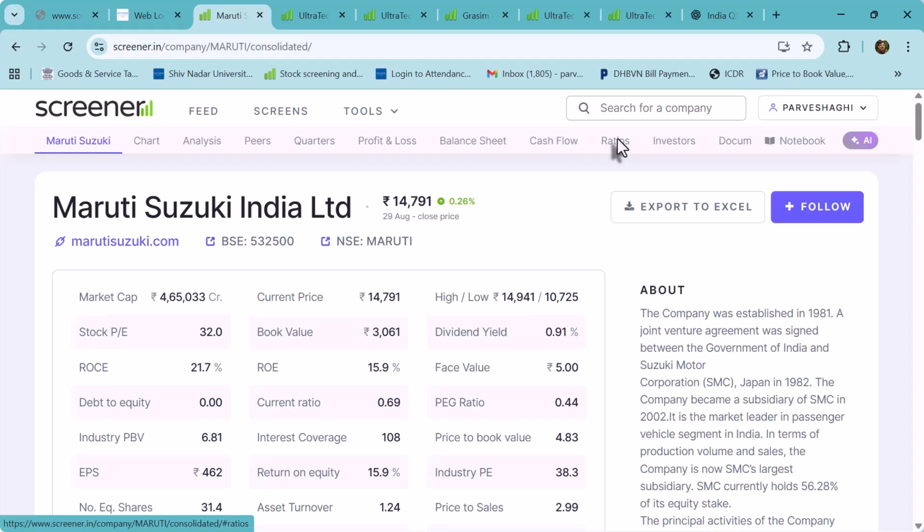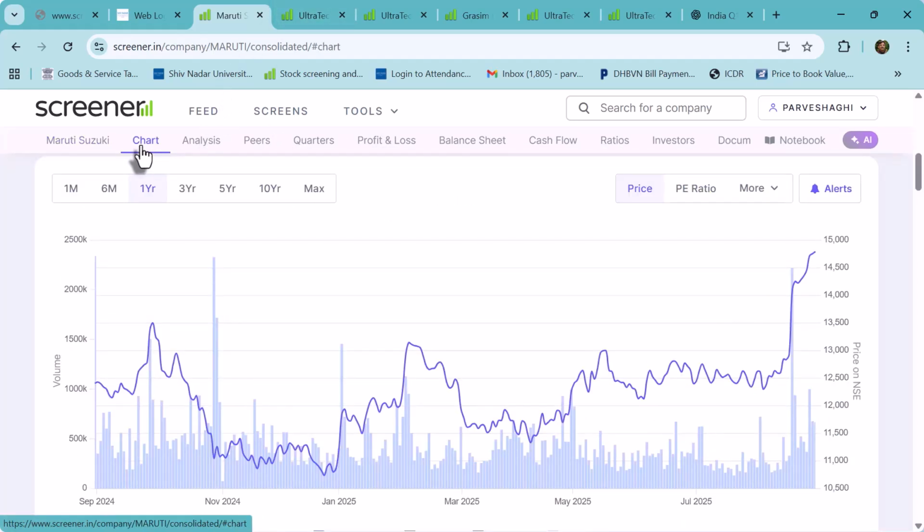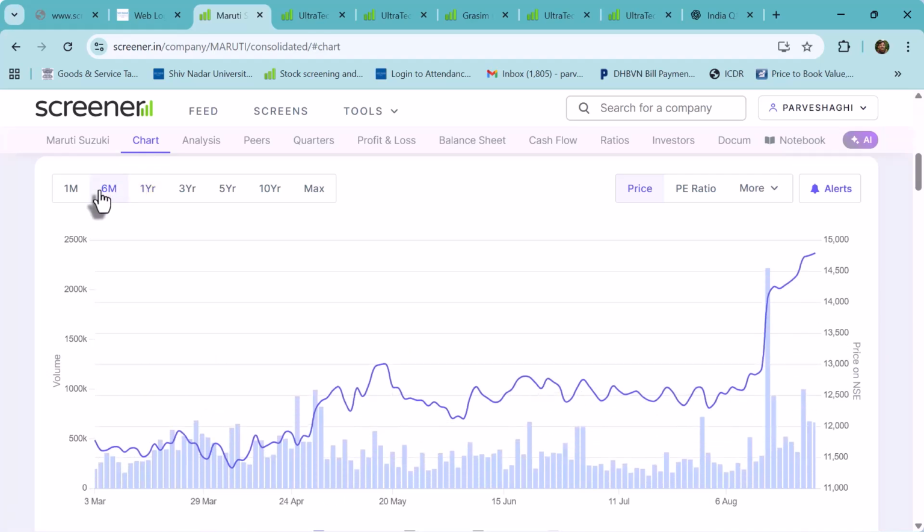It will come down to 18%, except the high-end cars. Okay, so if you look at the chart of Maruti, it has shown, in the last 6 months, see, it has gone up so much after the announcement, after 15th of August, when the Prime Minister announced they are going to make the cars cheaper. He never said cars cheaper, because the car is at 28%, it will come to the 12% bracket.